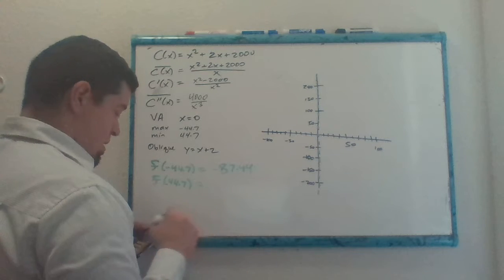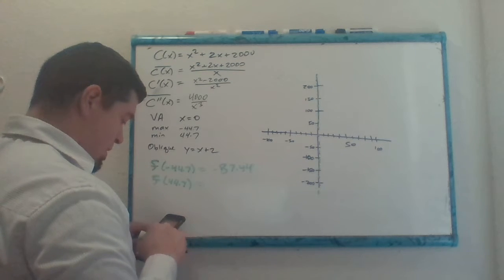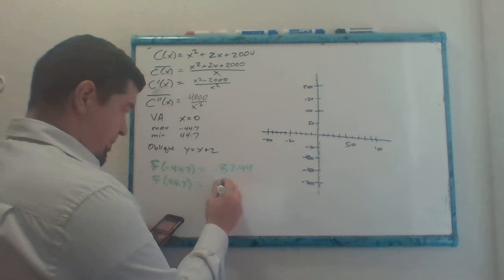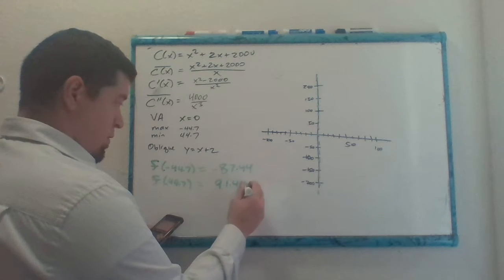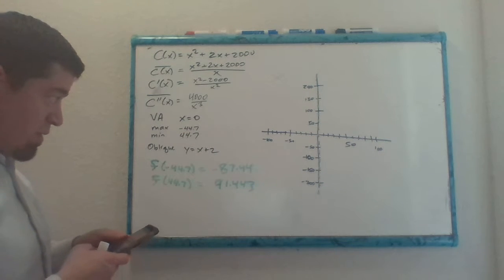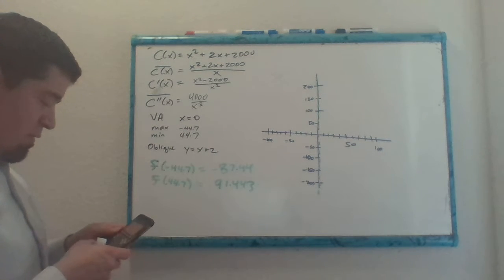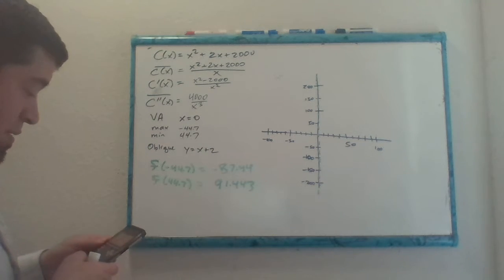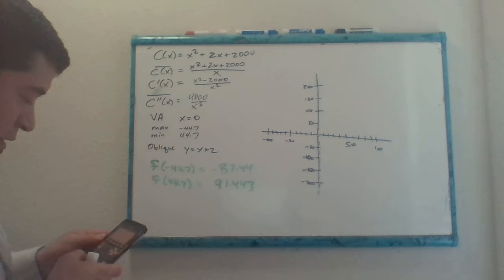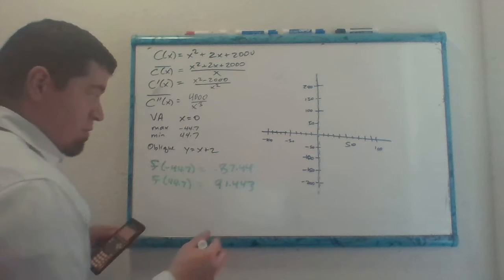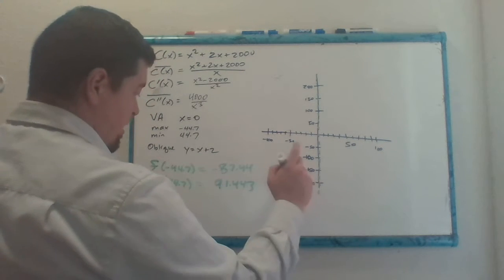Okay, and then positive 44.7 is positive 91.443, which you can confirm if you trace your graph at those points. Negative 44.7, you get about that, and then positive 44.7, you get 91. So I can graph those points.